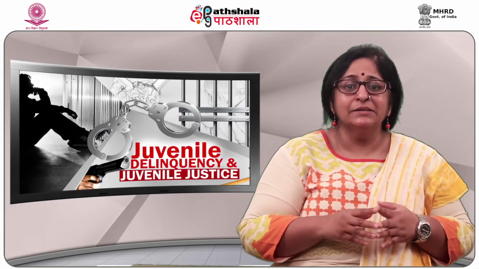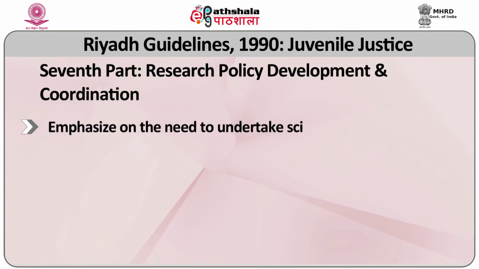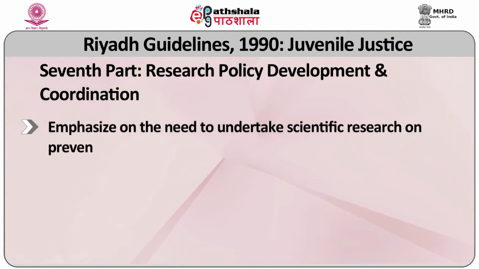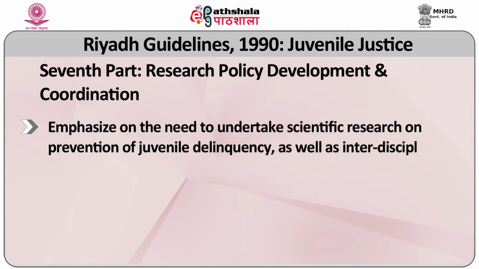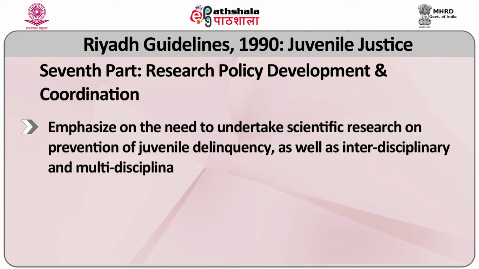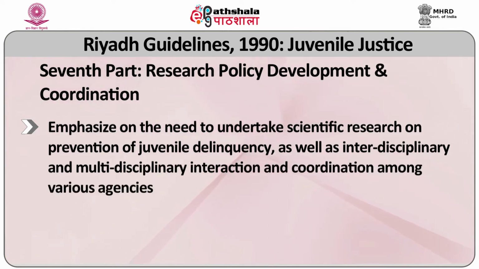The guidelines in this part emphasize on the need to undertake scientific research on prevention of juvenile delinquency as well as interdisciplinary and multidisciplinary interaction and coordination among various agencies.